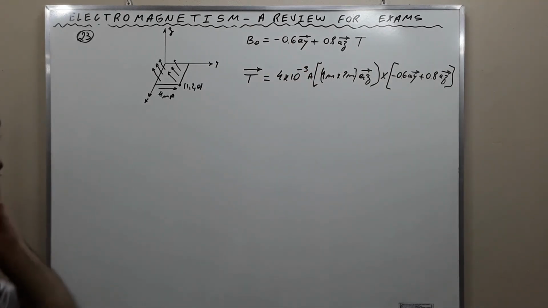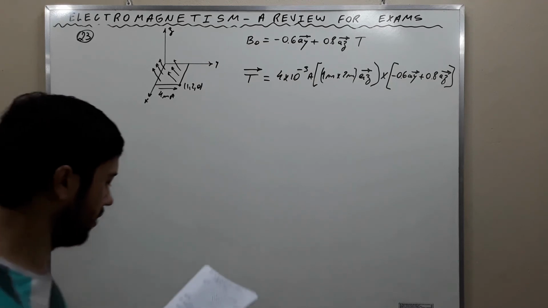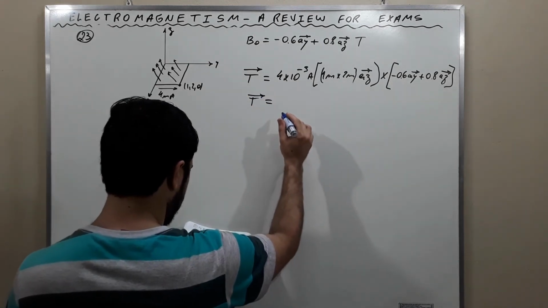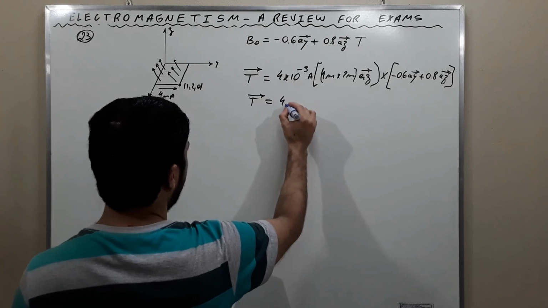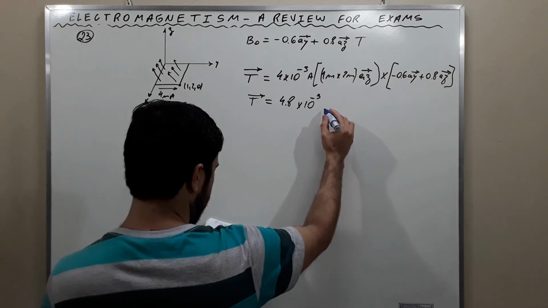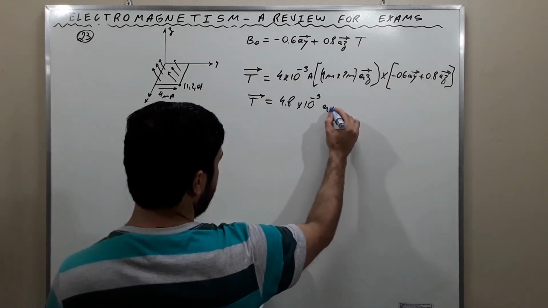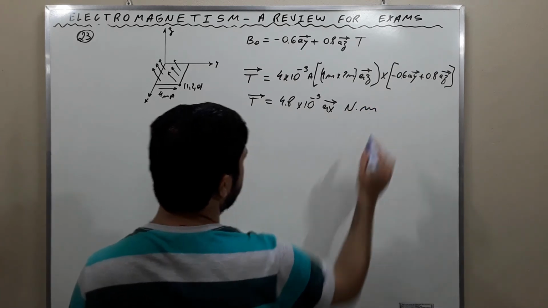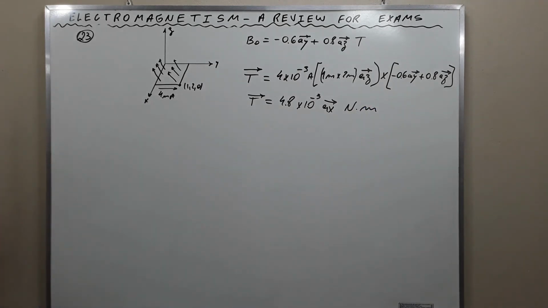And if we develop this, we can find that the torque is equal to 4.8 times 10 to the negative 3 in the ax direction, Newton meters. The torque will be in the positive x direction.